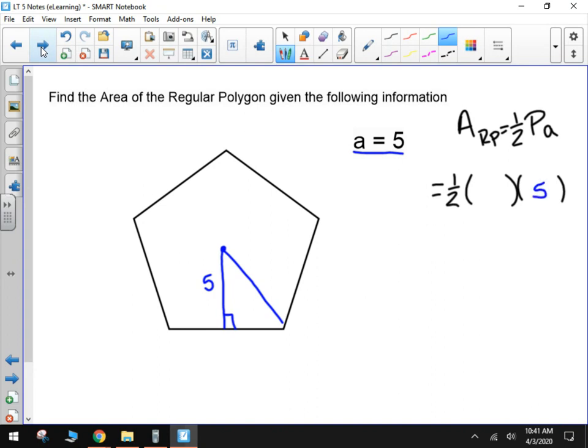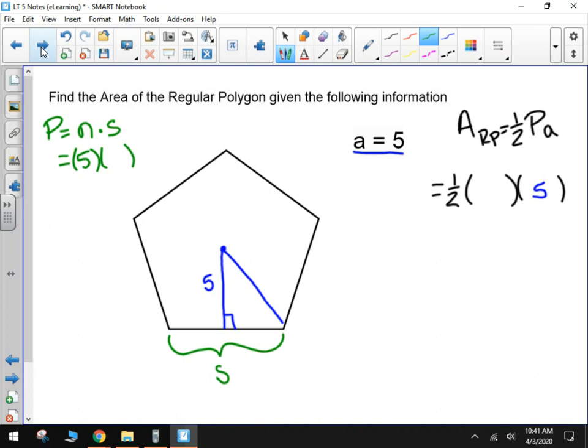The problem is I don't have the perimeter. Well, to find the perimeter, we take the number of sides times the side length. I have a pentagon, so the number of sides is 5. But I don't have the side length, so I need the side length s here. I have a right triangle.